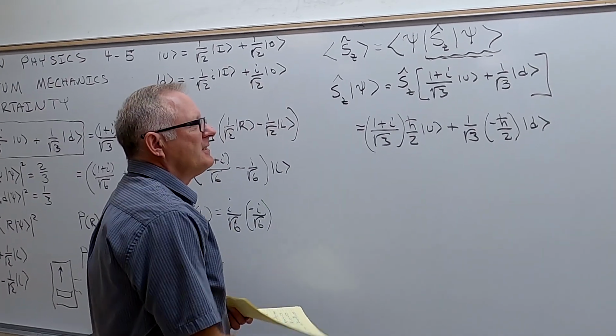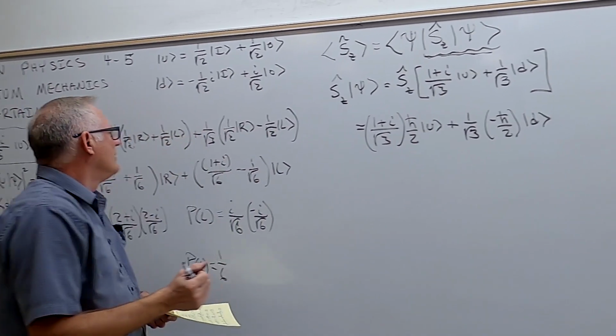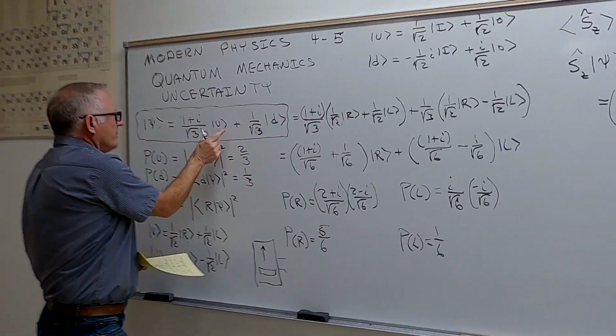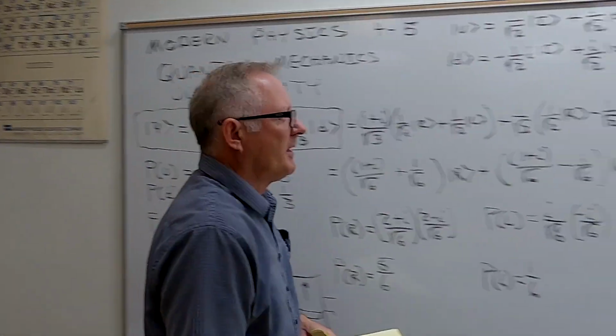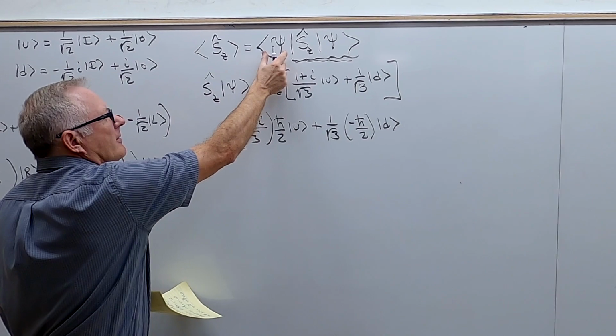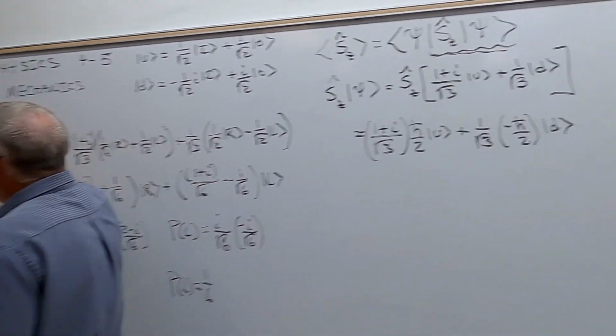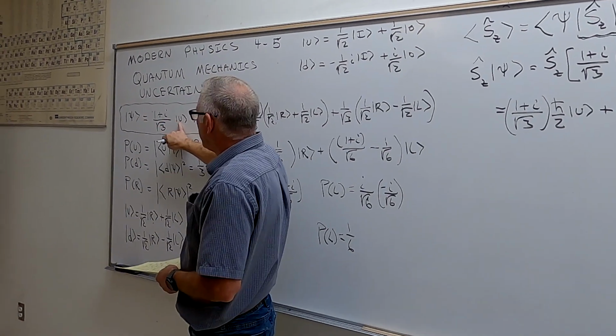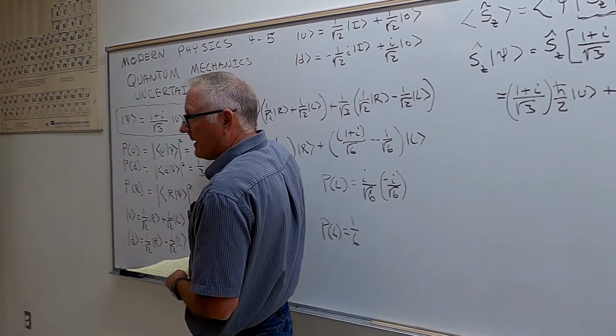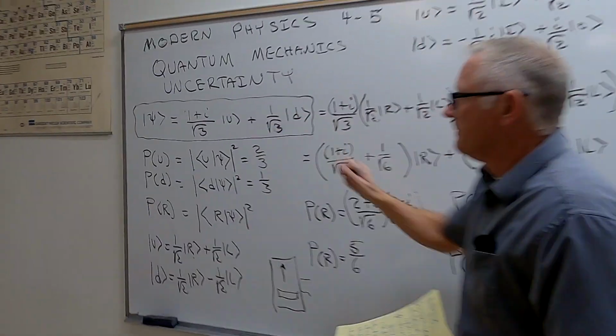So now I can just dot this with my original psi. But I have to turn this into a bra right here. Remember, to turn that into a bra, I take the complex conjugate of this and turn that into a bra, and take the complex conjugate of that and turn that into a bra.